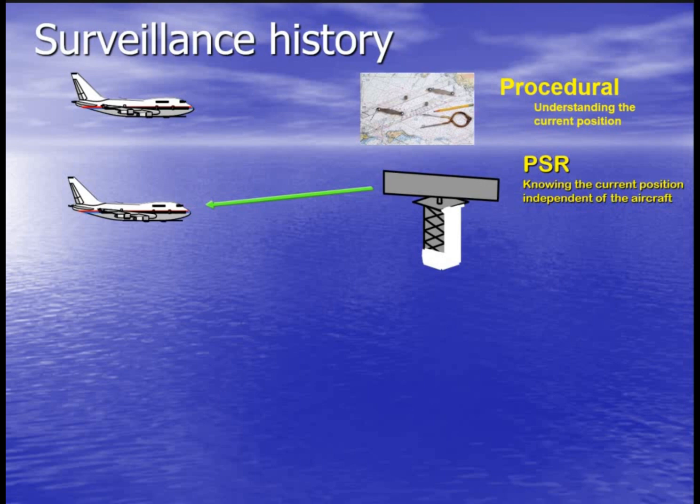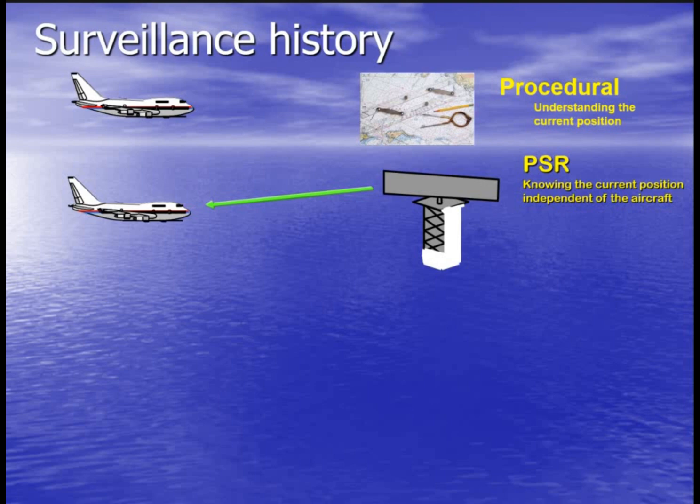The reflected energy is received by the radar antenna and is used to plot the position of the aircraft on the controller's display. It is also used to display more information for the controller depending on the mode of operation. It could be mode A, mode C, or mode S.